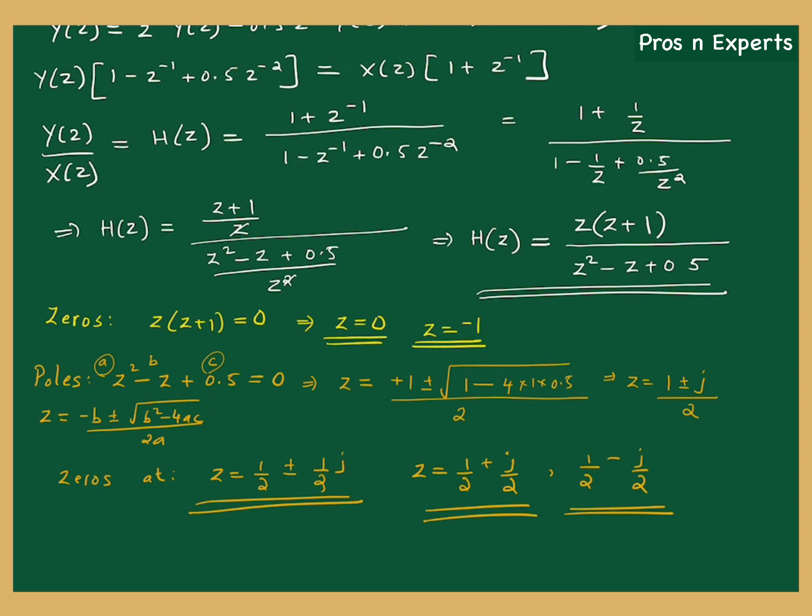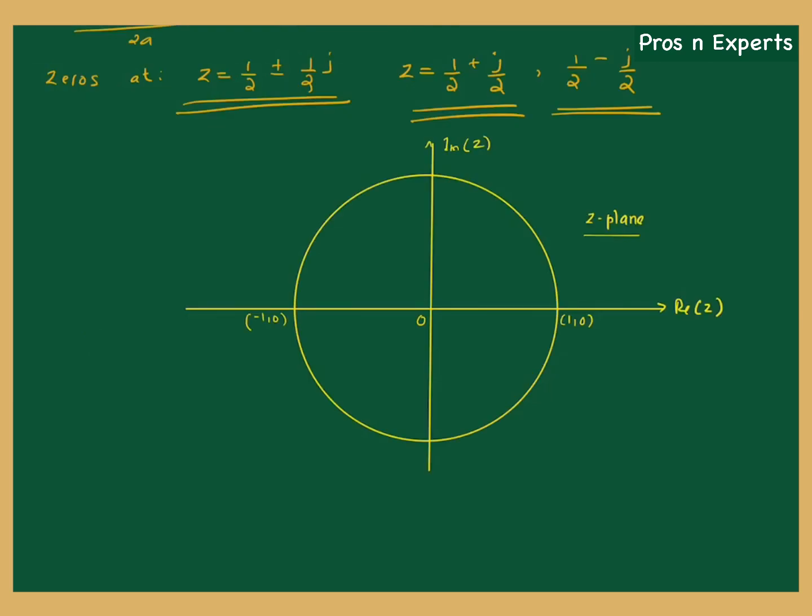Now they have asked us to plot the poles and zeros. We can do that very simply. I have drawn the z-plane for you to plot the pole zero plot of the system, and we have got the poles as half plus or minus j half, and zeros as z equal to 0 and z equal to minus 1. First let me plot the zeros.